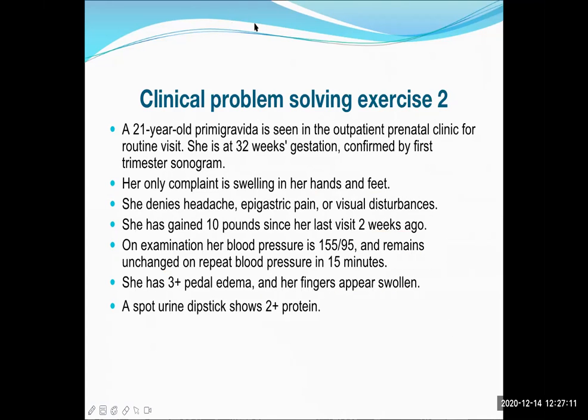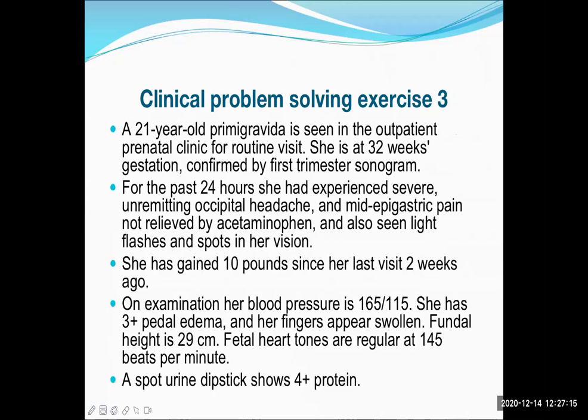Now number 3. See here. A 21-year-old primigravida is seen in the outpatient prenatal clinic for a routine antenatal visit. She is at 32 weeks gestation confirmed by first trimester sonogram.